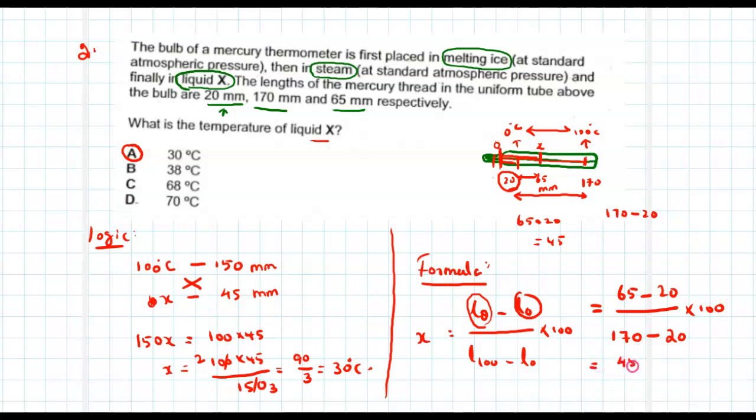So here is 45 and here is 150 and here is 100. So you will get 30 degrees Celsius. Hope you understand this. And let's see the next question.